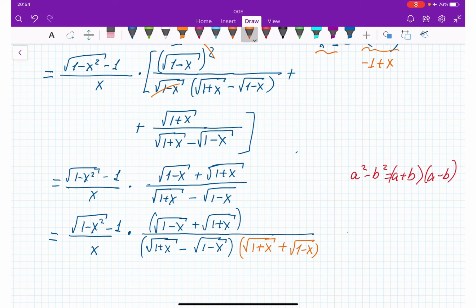And I am multiplying by square root of 1 plus x plus square root of 1 minus x. So it's the same multiplication as I did in the numerator and denominator. All right.